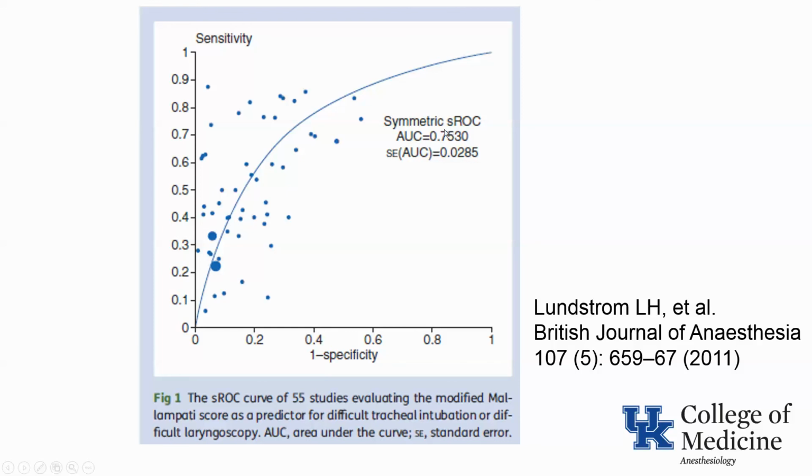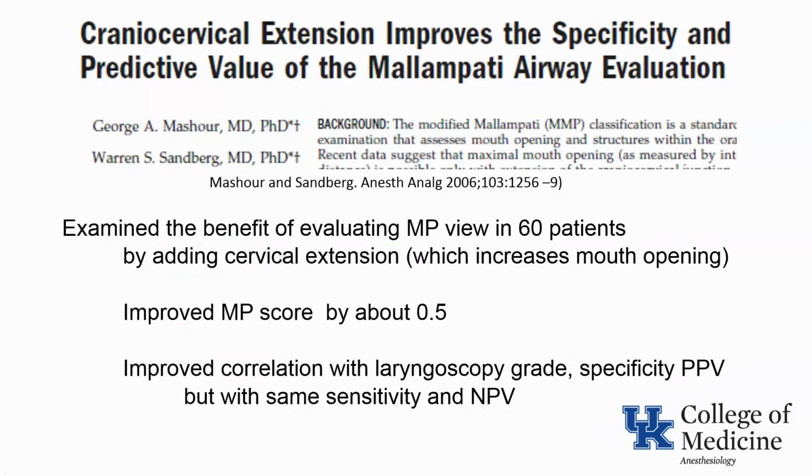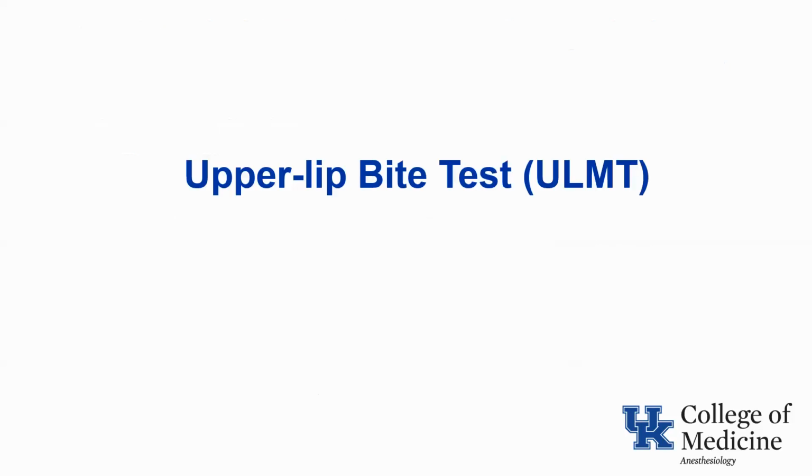So it's halfway between perfect and no better than a toss of a coin. As we mentioned, craniocervical extension improves the specificity and predictive value of the Mallampati, as summarized in this study.